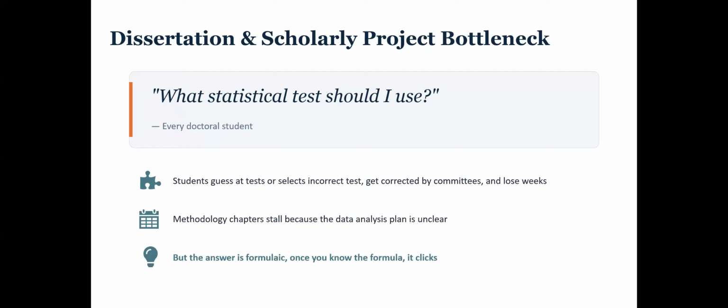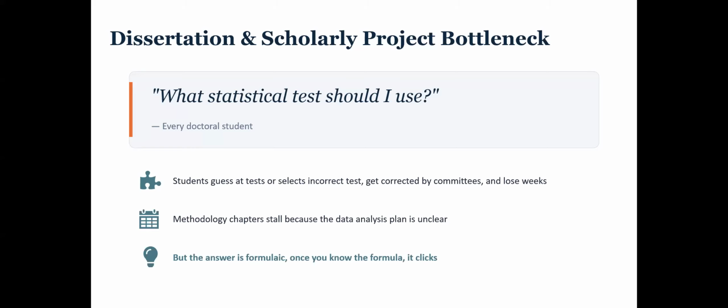Which is problematic. So people go through their proposal, they get to their results, but they don't have a data plan, which also means that they really didn't know what the sample size should be.